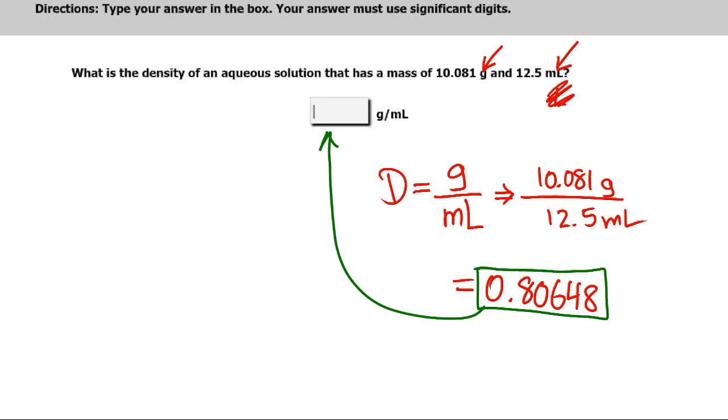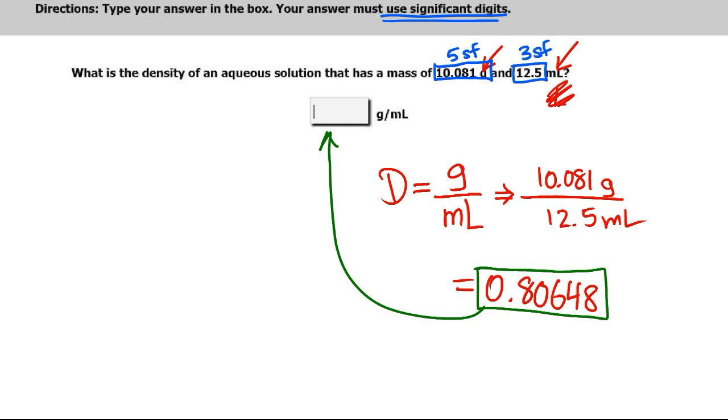But look very carefully. It says your answer must use significant digits or significant figures, same thing. How many significant figures are in 10.081? The answer is 5 sig figs. How many are in 12.5? The answer is 3 sig figs.